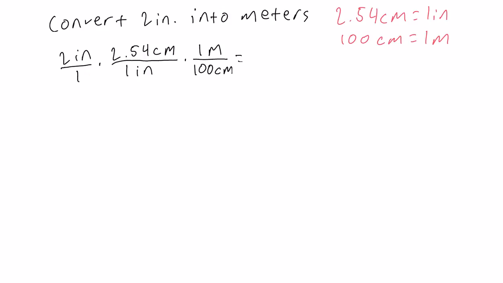If you multiply or divide by 1 at all, it does nothing. So if there's ever any ones in your problem, which there always will be, ignore them. They're useless. So multiply what's on top, 2 times 2.54, and then divide by 100. You can put that all into your calculator, and then what you get out should be 0.0508 meters.